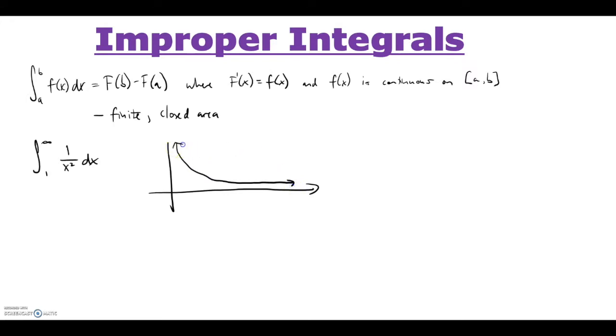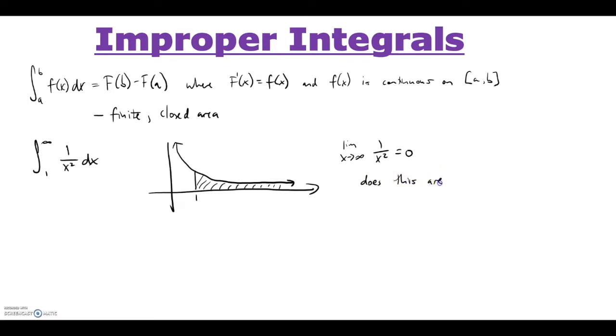Here's the function 1 over x squared, and we'll bound the area under this curve from 1 going off to infinity. Now this area may seem like it should grow forever and ever, but consider the limit as x approaches infinity for that function 1 over x squared. It would equal 0. So let's think about what that means in terms of the area under that curve.